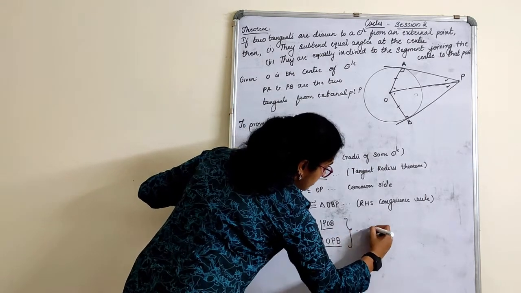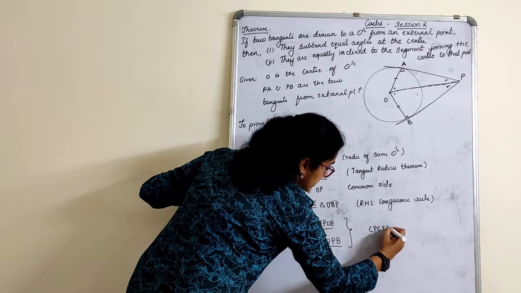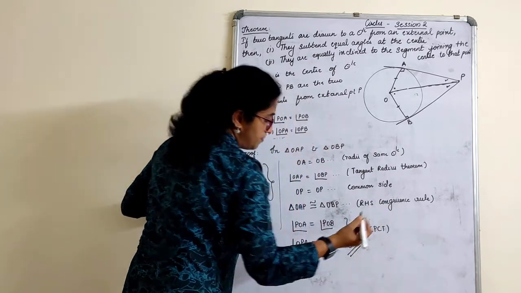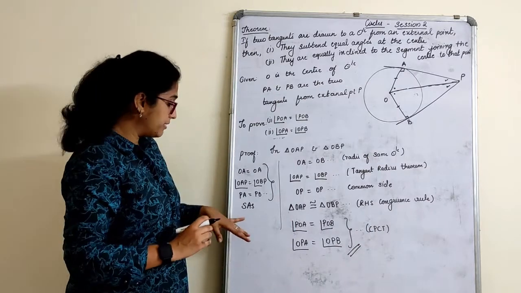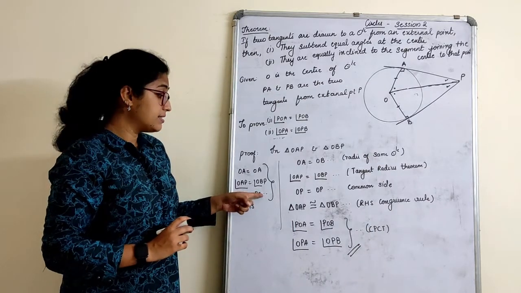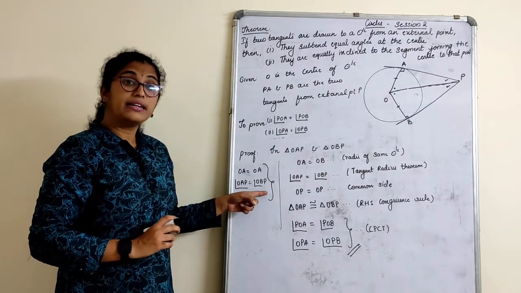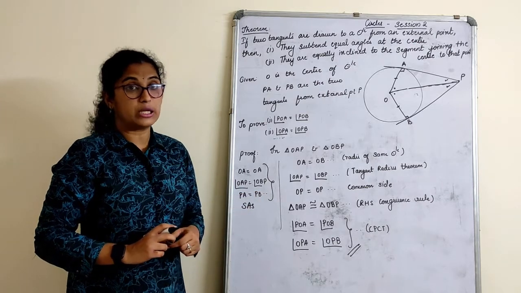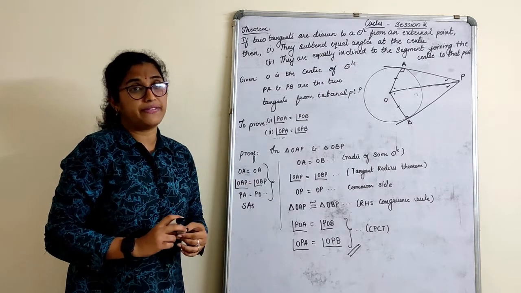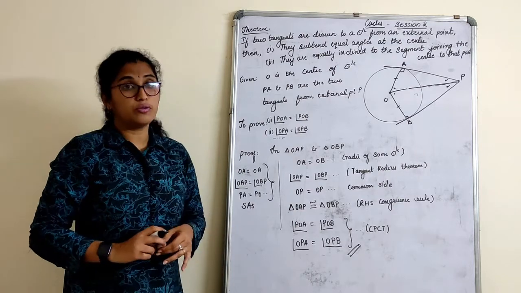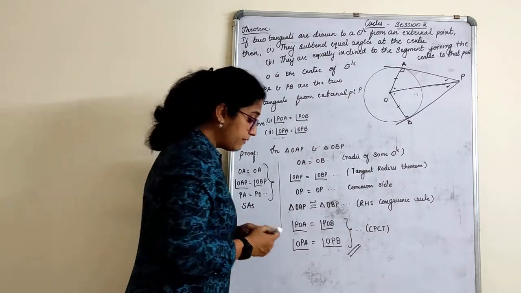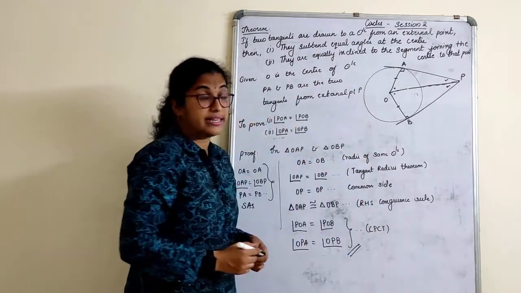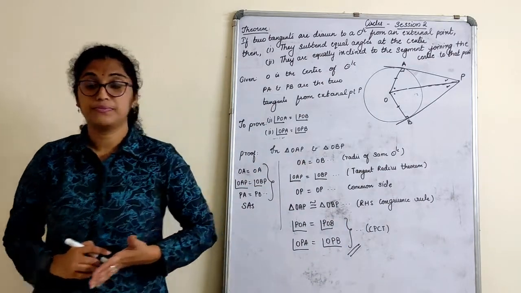Reason: CPCT. Hence proved. Very clear on this part and on this also. Reasons have to be written. Here you have to write tangents drawn from an external point are equal, because you have already proved that in the previous theorem. So this is how you go about the theorems. We will quickly begin with the exercise on this part.